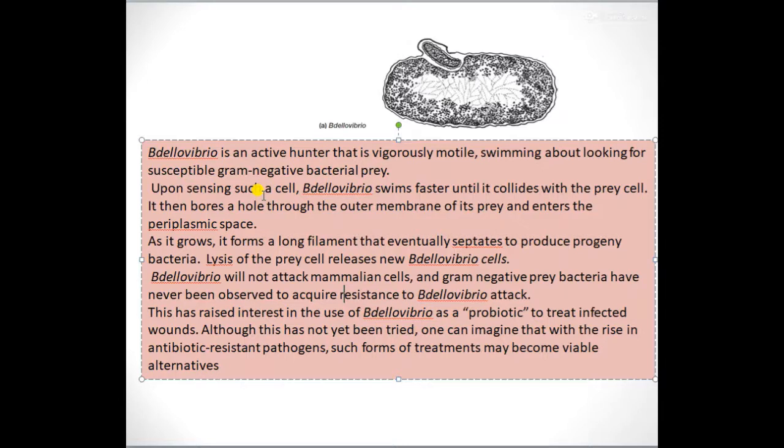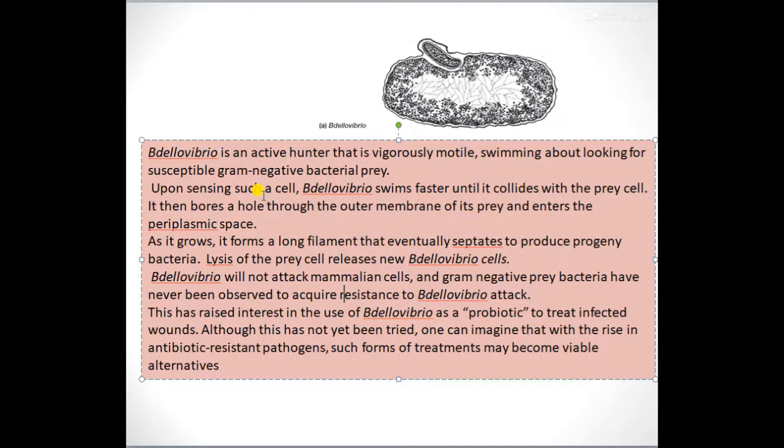It will swim very fast, migrating at a very fast rate until it collides with its prey cell. And once it finds its prey, what will it do? It will make a hole in the outer membrane of its prey, and it will enter the periplasmic space.